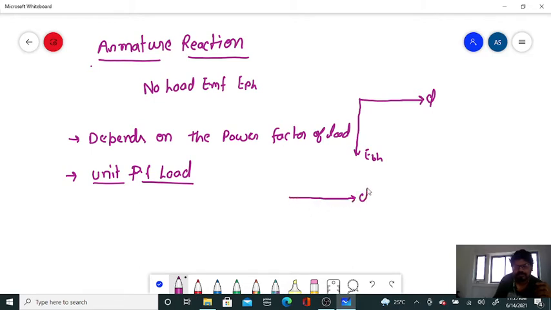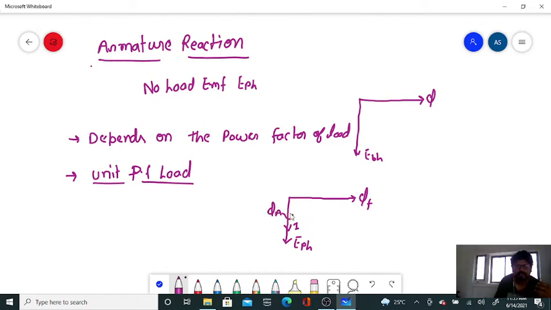If there is a main field flux phi F, then the EMF induced will be lagging here, E_ph. If the load is resistive, then the current flowing in the armature will be in phase with this voltage, so I will be there, and in the direction of current the armature flux will also be here.